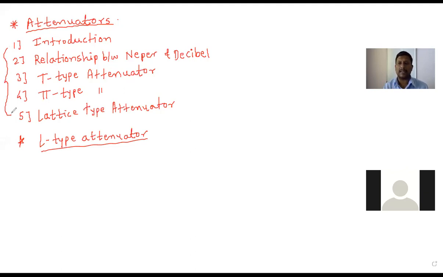For each type of attenuator, we first discuss the theoretical part, get the equations for designing, and once we have the design equations, we move towards designing particular attenuators. Same as what we did for filters.